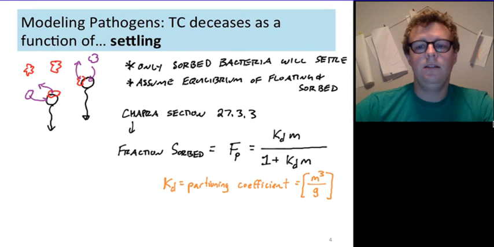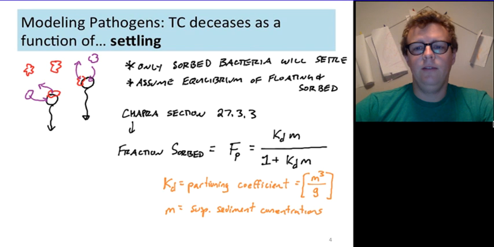So it basically describes if we put some water and sediment together, we mix things up, how will the pathogens partition themselves into a free-floating fraction versus a sorbed fraction? Or what kind of sorption do we get per gram of sediment that we include? You'll notice that that has units of volume per mass. That's in order to basically make your units work out. Again, M is suspended sediment concentration.